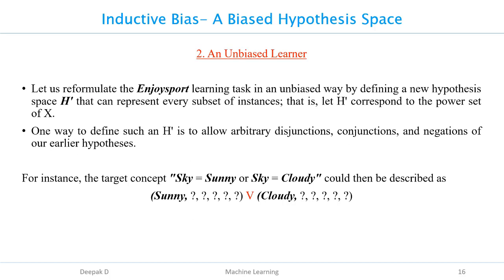So let's reformulate this EnjoySport learning task in an unbiased way by defining a new hypothesis space, H dash, that can represent every subset of instances, that is, H dash corresponds to the power set of X. One way to define H dash is to allow arbitrary disjunction, conjunction and negation of the earlier hypotheses.